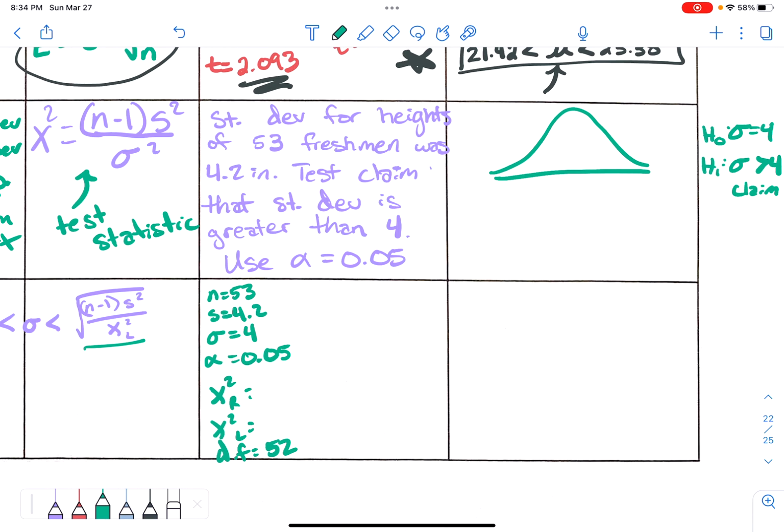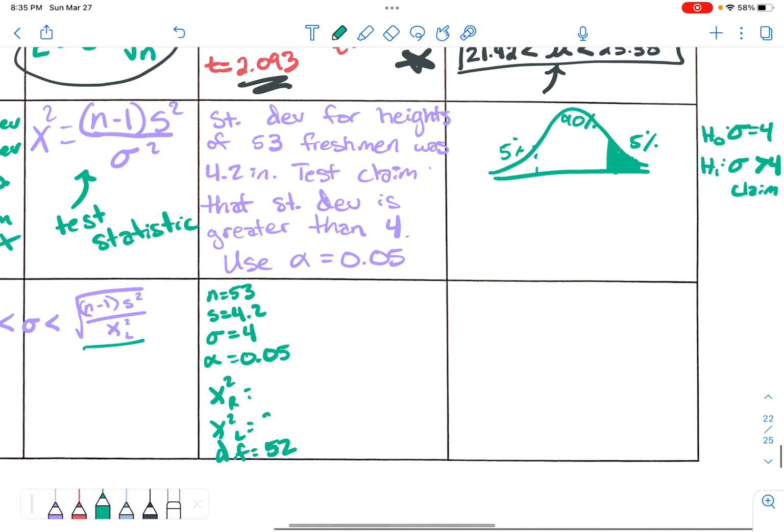I gotta zoom out. 50 degrees of freedom, and if we are doing greater than 4, that means we have one tail, and all 5% is going to go in that tail, and we have an imaginary 5%, so 90%, which I think are our middle two columns. 90%, 50 degrees of freedom, 37.689.